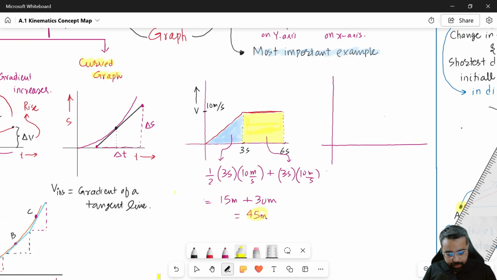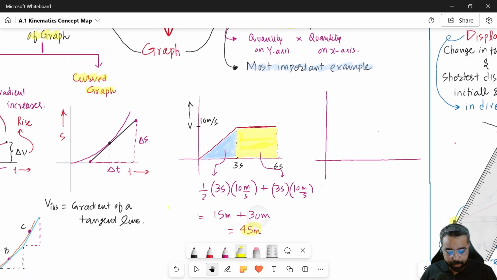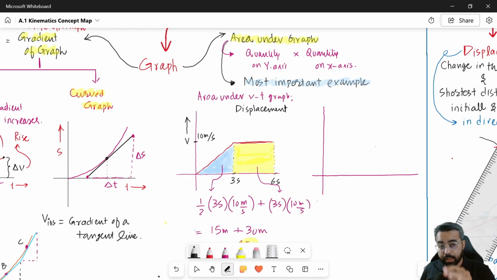So students, this is an important example in which we have learned that if your graph is the velocity time graph, the area under the velocity time graph is equal to the displacement covered. And here I specially mention that if the graph is a speed time graph, then the area will be the distance covered.